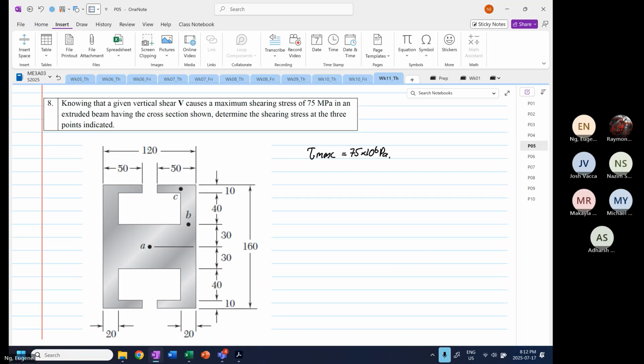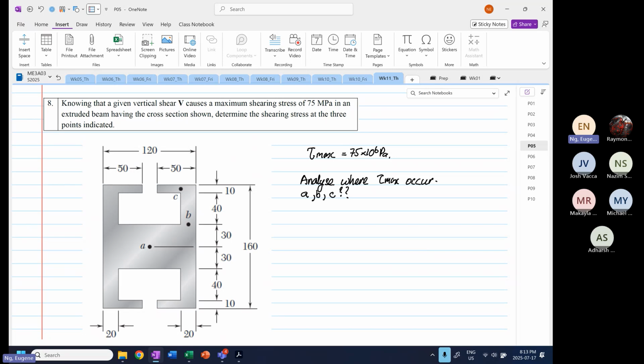Now, it's helping us in the sense that we have to find or analyze where tau max occurs. And it's asking us, is it at point A, point B, or point C?